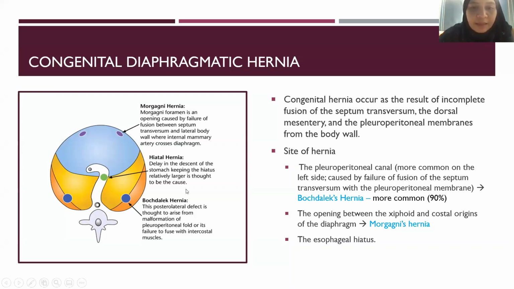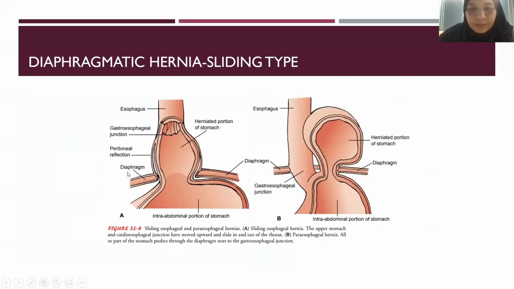This accounts for 90% of congenital hernias, and it is caused by failure of fusion of the septum transversum with the pleuroperitoneal membrane. The opening between the xiphoid and the costal margin of the diaphragm anteriorly is usually a small hernia. We call it a Morgagni hernia. And then the next is the esophageal hiatus hernia.